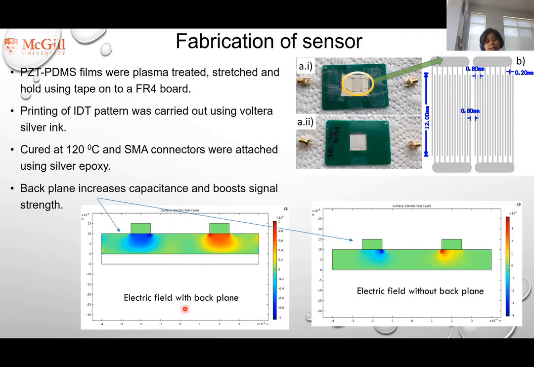This is the electric field with backplane, and this is without backplane. If we add the backplane in the sensor, you can see we can increase the electric field, which can increase the sensor response or sensitivity. So we printed this backplane and the IDT, and these are the dimensions that we printed, and of course, as I explained, why we had a backplane.